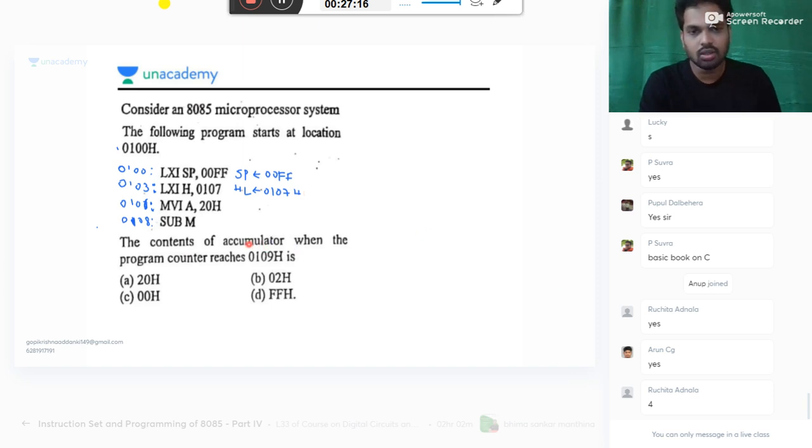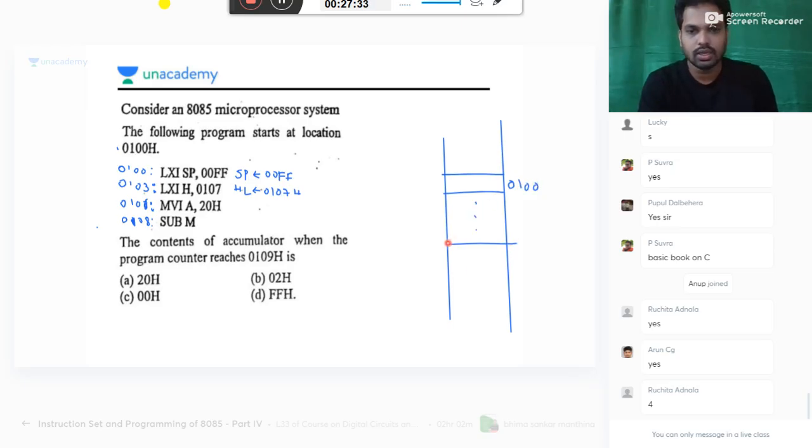Then you see here, this is your memory, for example. In this memory, this is 0100 like that. At 0106 you have the MVI instruction, and at 0107 you have 20, and at 0108 you have the SUB instruction.